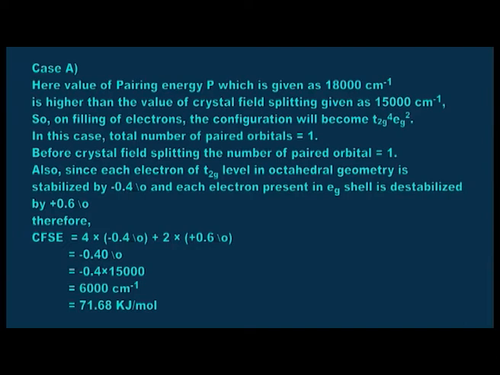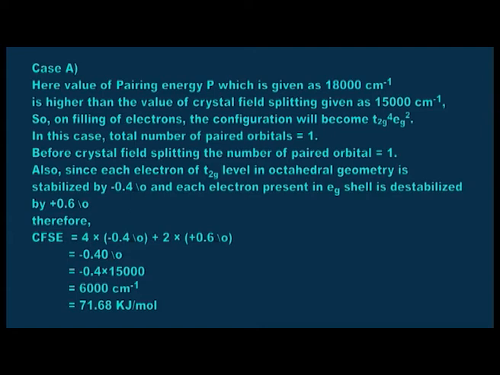Also, since each electron of the T2g level in octahedral geometry is stabilized by minus 0.4 delta O, and each electron present in the Eg set is destabilized by plus 0.6 delta O, the crystal field stabilization energy would become 4 into minus 0.4 delta O plus 2 into plus 0.6 delta O. That will become minus 0.4 delta O, and the value of delta O is 15,000 centimeter inverse.